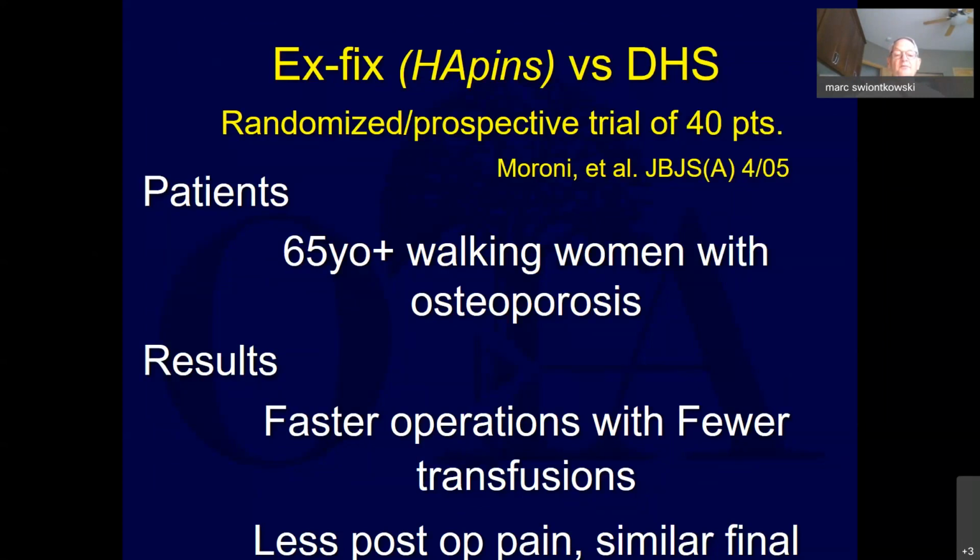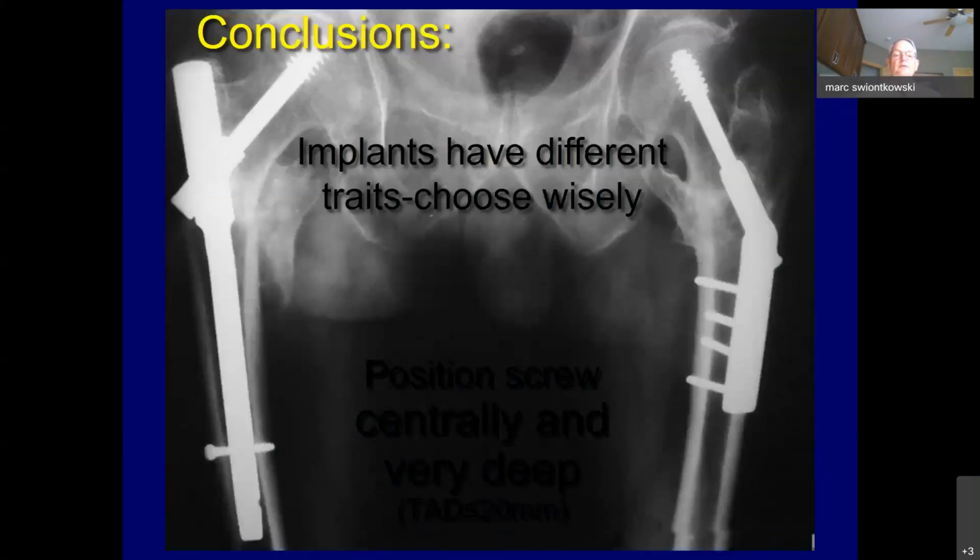In this particular trial, they kept the external fixators on a minimum of 6 weeks up to 12 weeks. So they can be difficult to manage in terms of caring for the pin tract, but it is something you can do. So implants have different traits, and we have to choose them wisely.